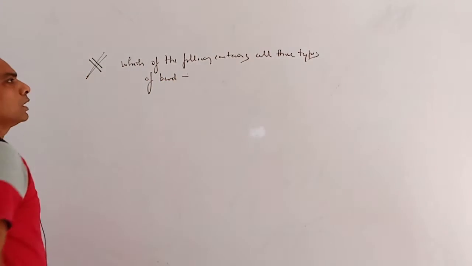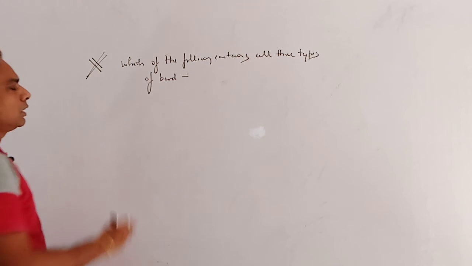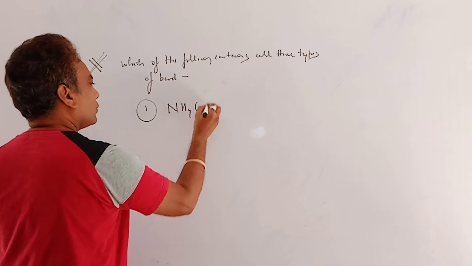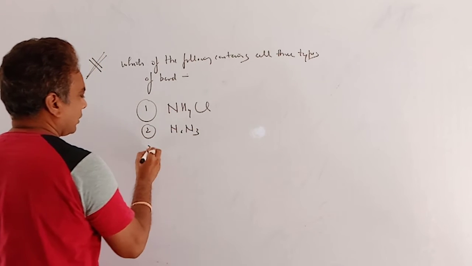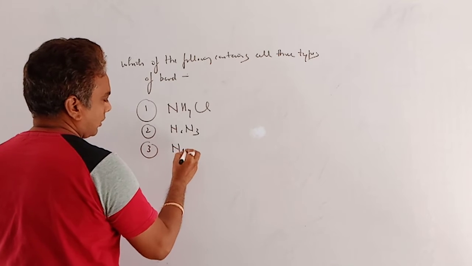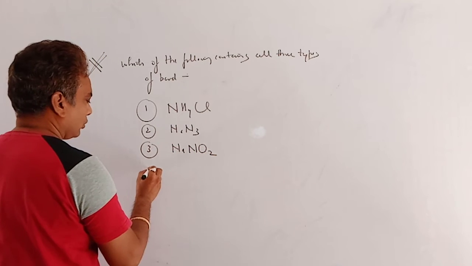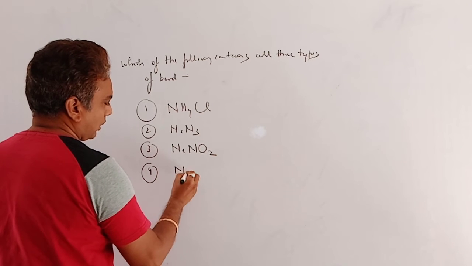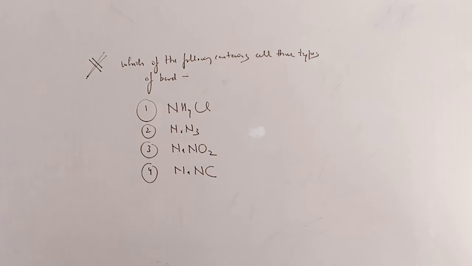Which of the following contains all three types of bond? And here options are like NH4Cl, NaN3, NaNO2 or NaNC. More than one option is correct.